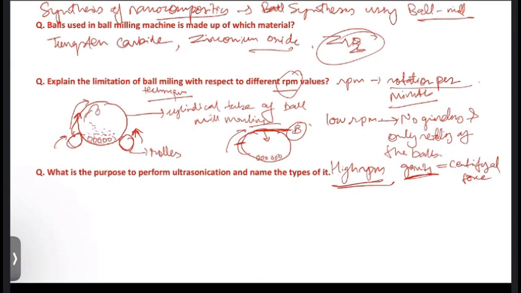It will roll over and over in a circular motion, but it will not grind your sample. It will simply rotate in a circular motion, because the gravity, mass into acceleration, is equal to m omega square r.